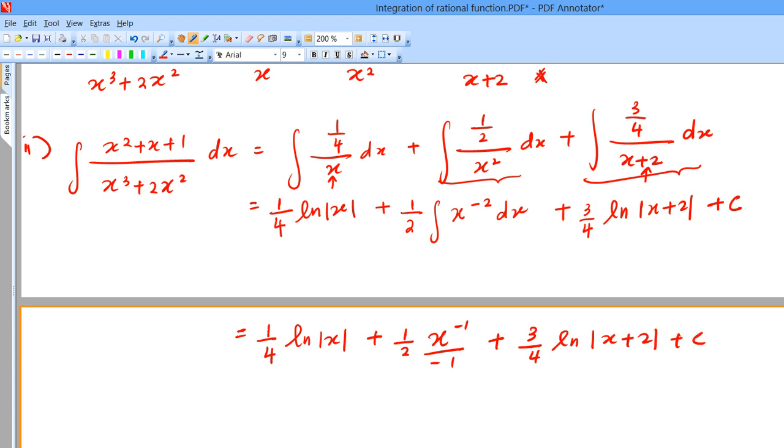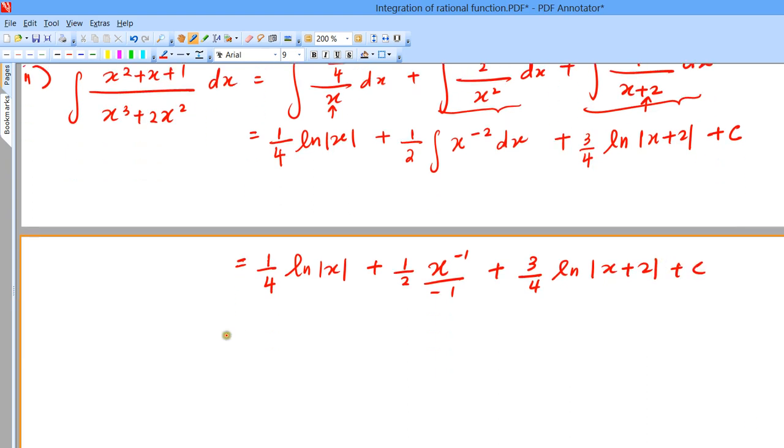Or we can write the final answer equal to 1 over 4 ln x, minus 1 over 2x plus 3 over 4 ln x plus 2 plus c. So this is the final answer.